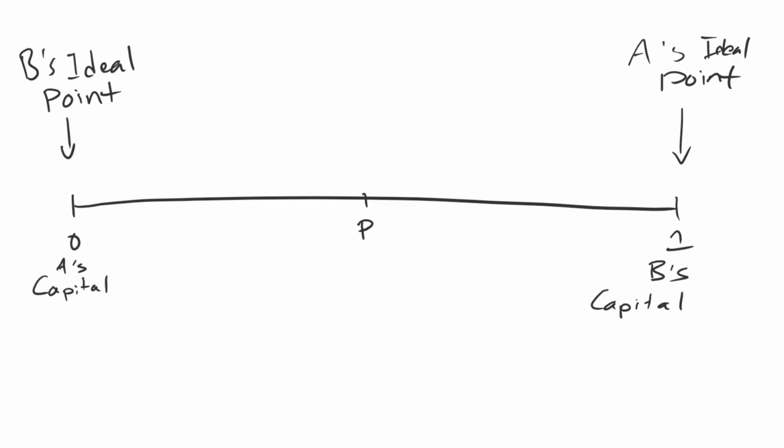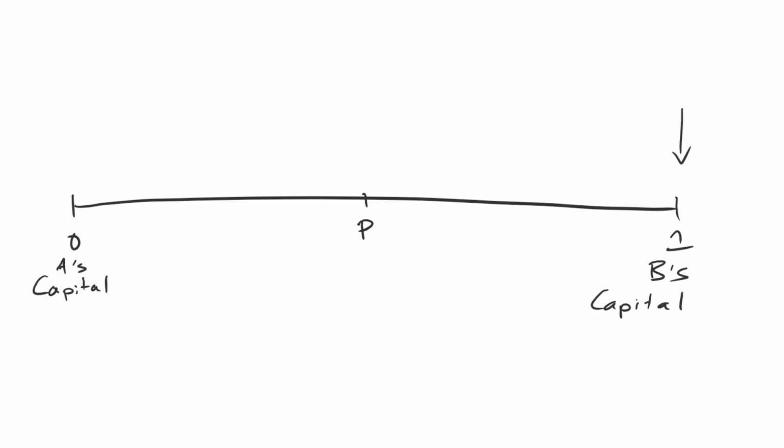Let's think about what that value P means. With probability P, A wins and takes the entire prize. And with probability 1 minus P, B wins and takes the entire prize. So in expectation, if the states were to fight a war, then what A would be receiving, again, in expectation, is everything to the left of P. So this value represents, right here, from 0 to P, A's expected share.